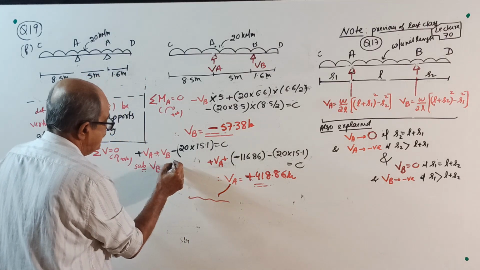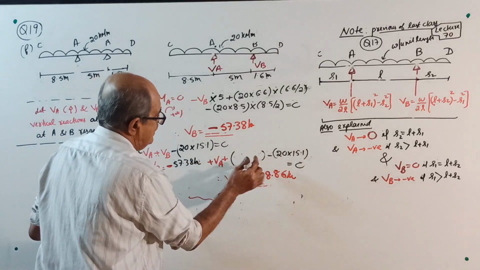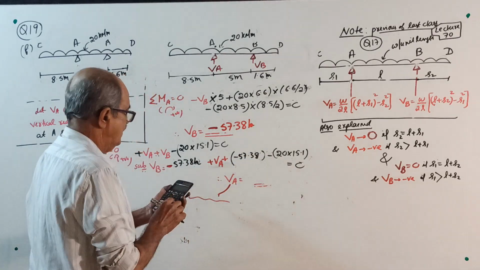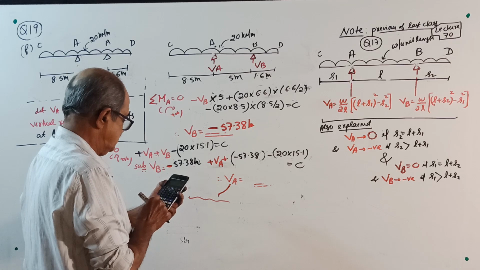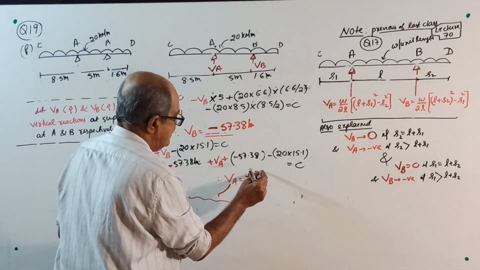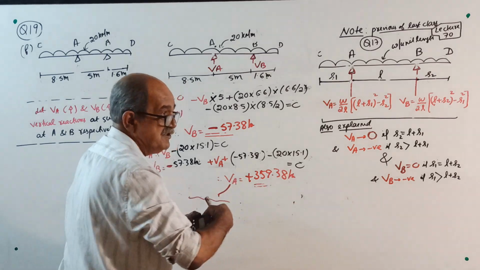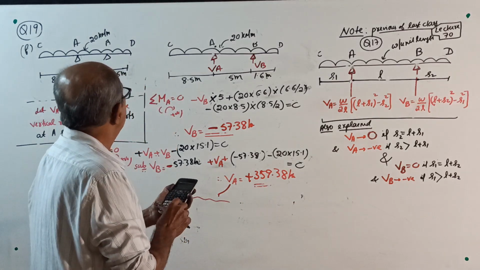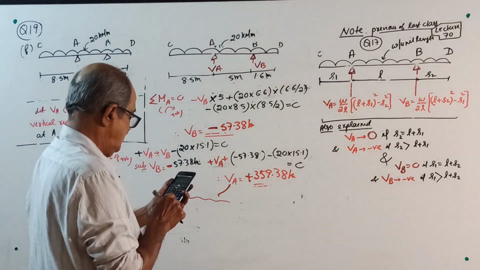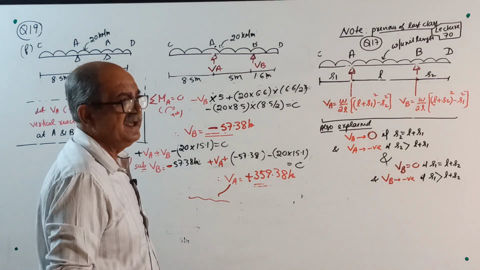Substitute minus 57.38 kilonewton. VA will come 57.38 plus 20 into 15.1, which is 359.38 kilonewton, positive. Okay, I'll check the answer once again. 13.5 square minus 0.6 square divided by 5. 359.38 correct. Okay.